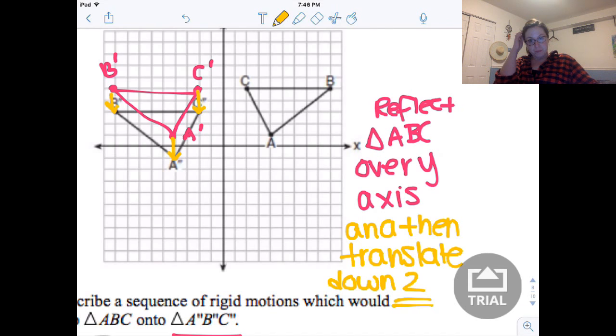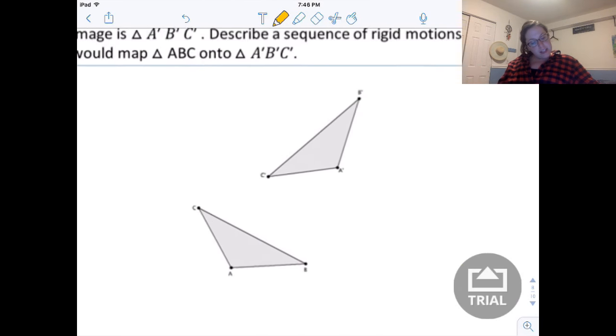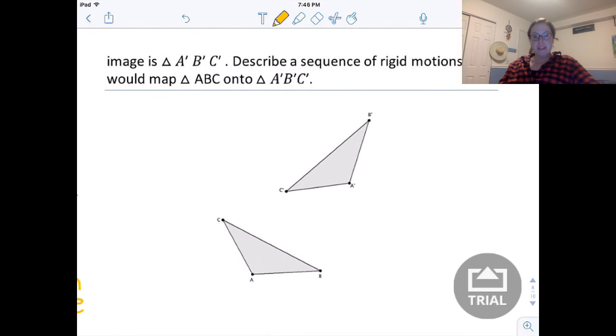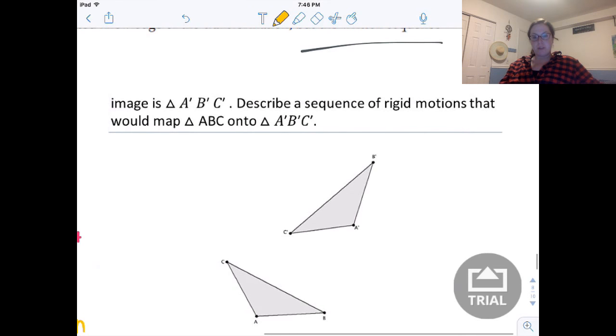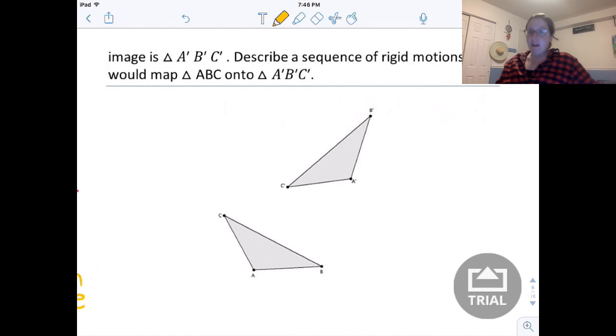Here's what's tricky, and let's look at the next one. A prime, B prime, C prime is given. Describe a sequence of rigid motions that would map ABC onto A prime, B prime, C prime. So, let's think about this. When I look at this, I can see that there was definitely a slide, right? There was definitely some kind of translation. And I'm just going to play with this hypothetically.